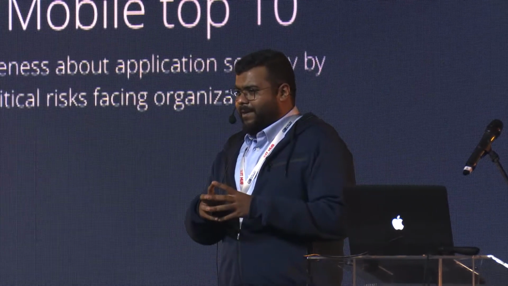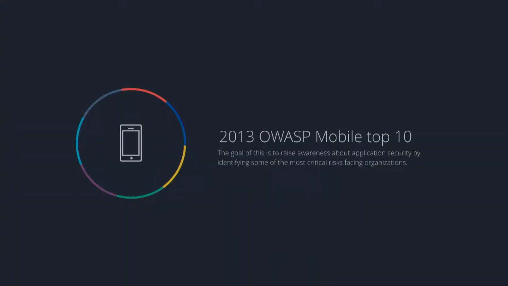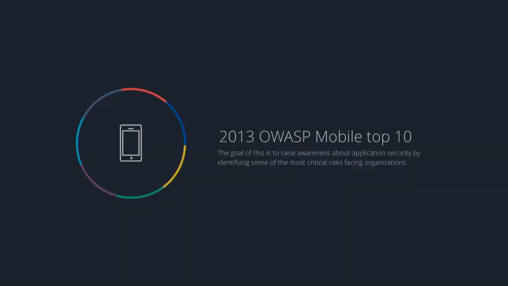So what they decided was they will figure out a separate top 10 risk which a mobile developer needs to understand. So if you're creating your application for your company, you need to know about the OWASP top 10. So in 2013, they came up with the top 10 security threats a mobile app faces, and how you can fix that. So that's what they came up with.